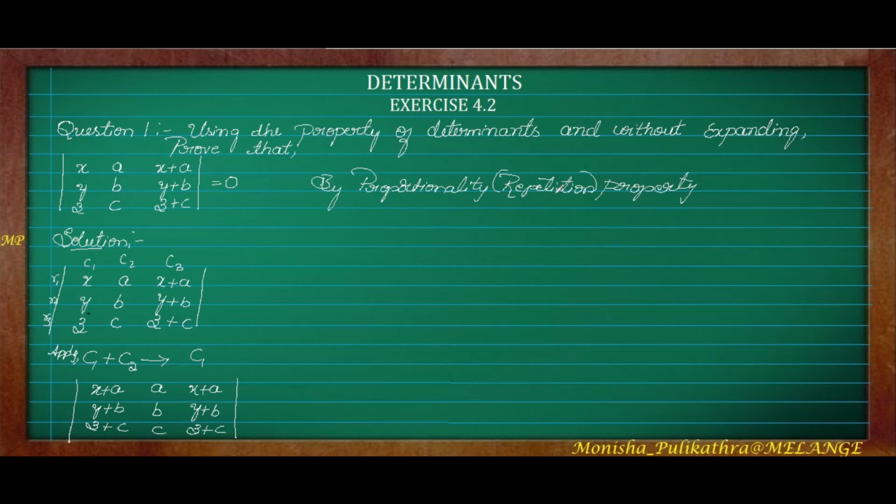The property means: if any column is the same as another column, or any row is the same as another row, then the whole determinant is equal to 0.